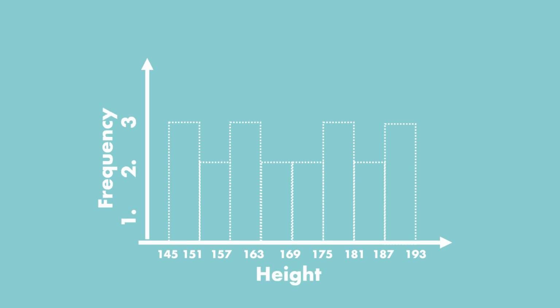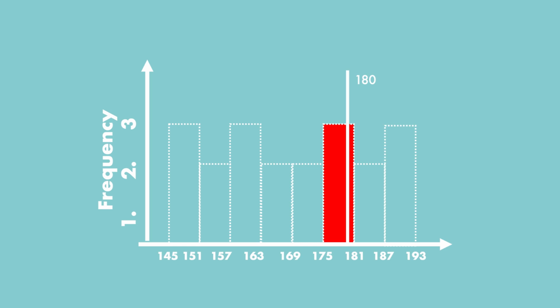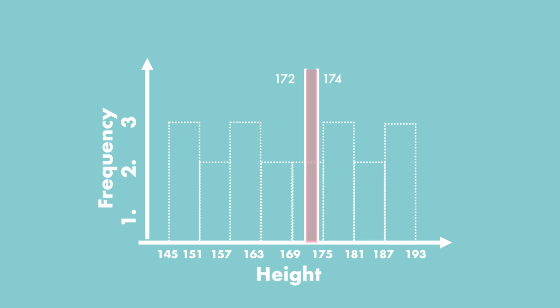Looking at a histogram, we can see different data patterns. For example, in our case, the height 180 is in the interval 175 to 181, and the heights 170 to 174 are in the interval 169 to 175.